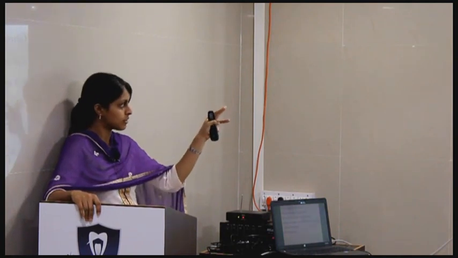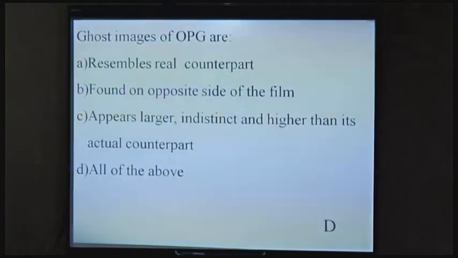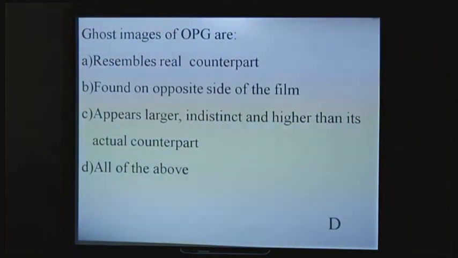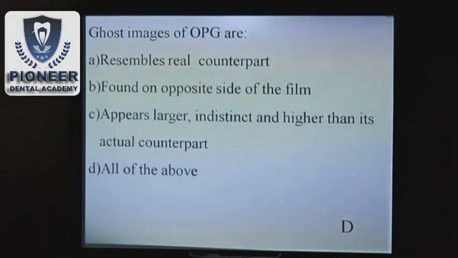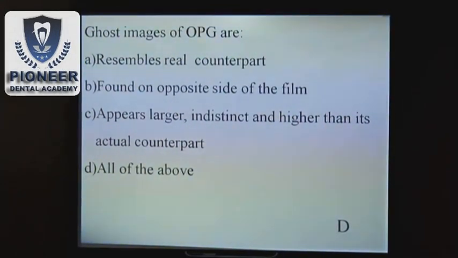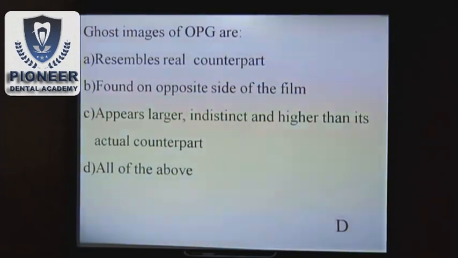Say suppose you have an earring, you will see an earring like the outer part. So it will resemble the real counterpart. Found on the opposite side of the film: say you are wearing a left side earring, on the X-ray it will appear on the right side. And it will appear larger. The ring will be only this much, but when you are seeing it, it will be huge. And suppose it is at this level, on your OPG it will be at this level. It will be higher than the counterpart.